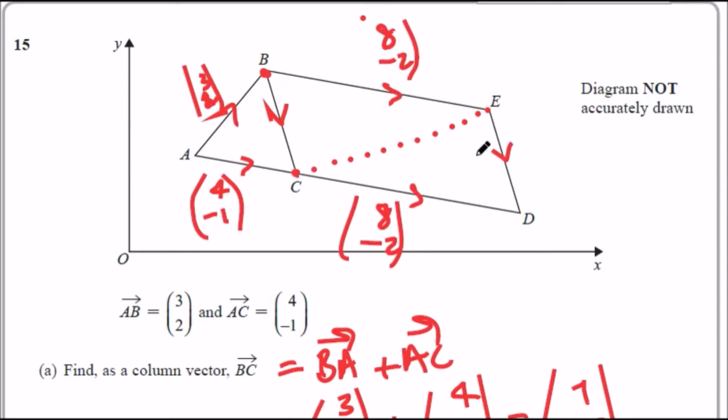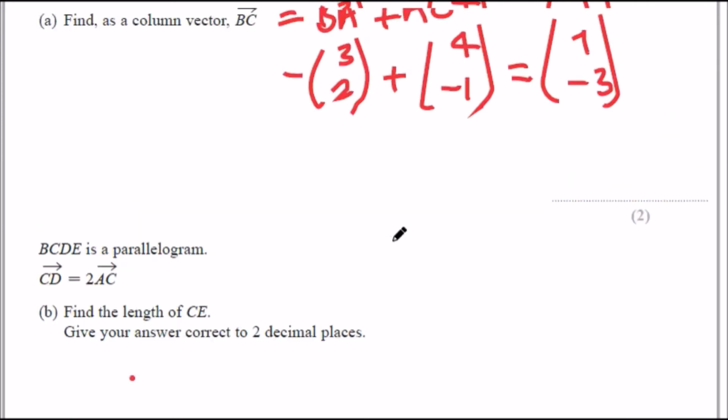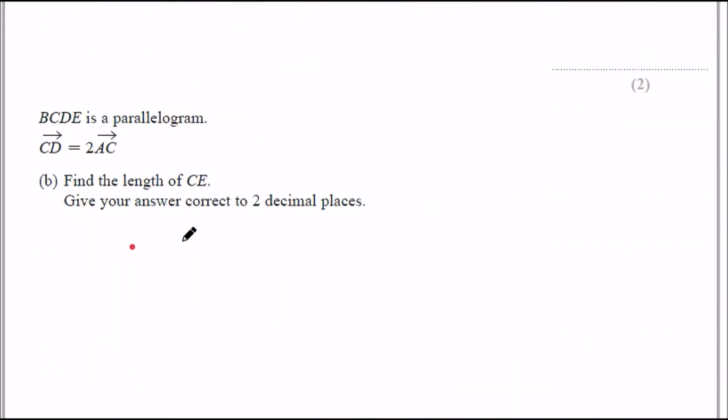So first things first, let's find the vector of CE. How do we get from C to E? Well, we can go backwards from C to B and then add BE. So it'll be CB then BE. Let me write it down again: CB plus BE. And what does this give us?